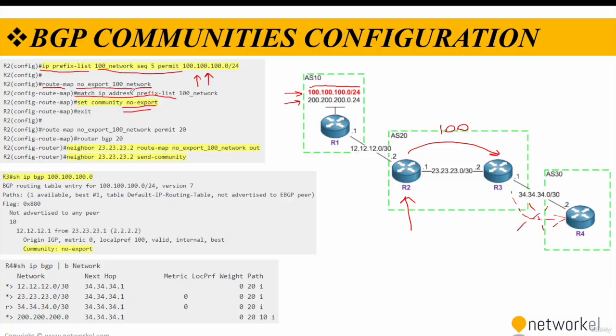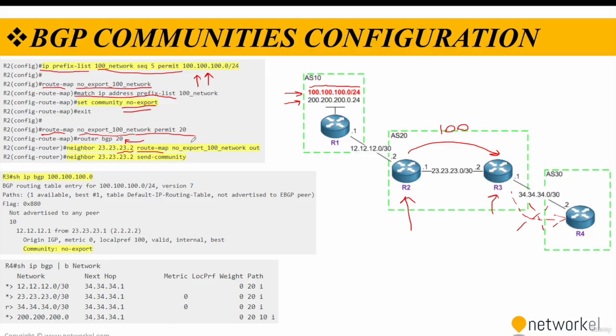Okay, so essentially it helps control the propagation of routing information and can prevent a route from being shared with external peers. Then the configuration continues like this. I'm defining another route map to allow anything else, and then I'm going into my BGP router mode, router BGP 20, where I am establishing my neighborship with 23.2, which is router 3.